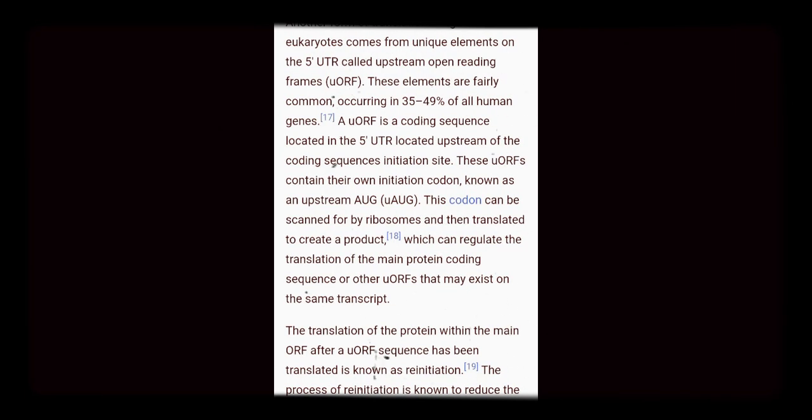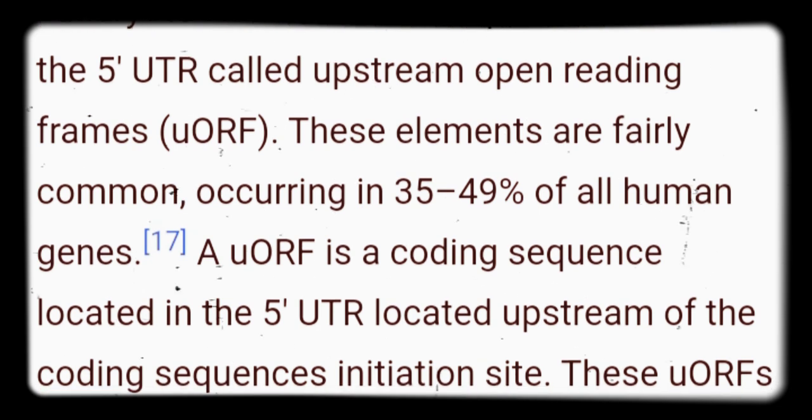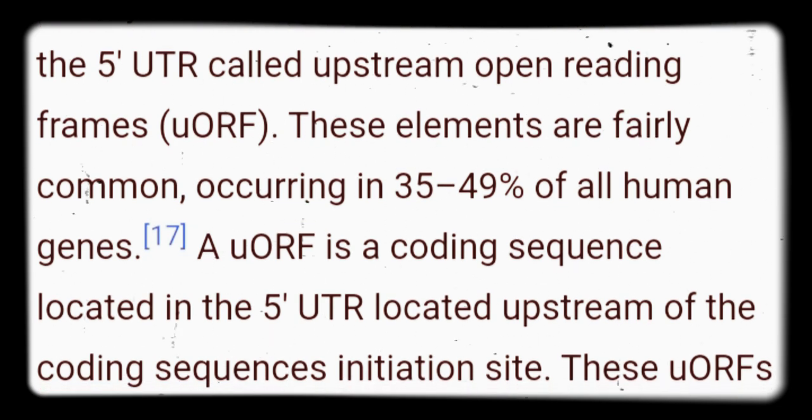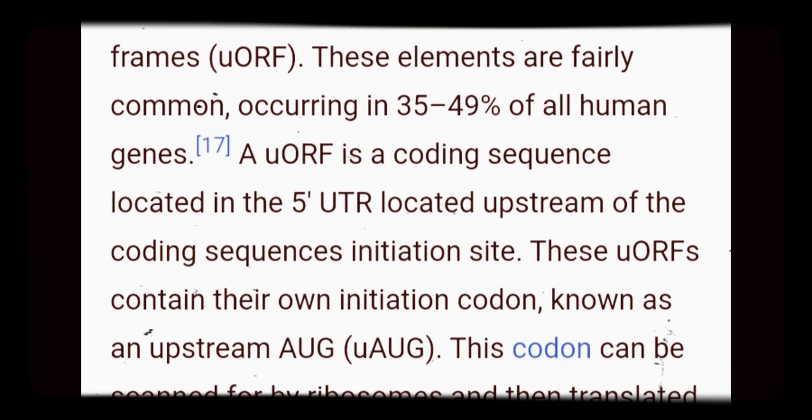Now, another form of translational regulation is the UORF, the upstream open reading frame. They are found in 35 to 49% of all human genes. An upstream open reading frame is located on the 5' UTR, upstream of the coding region initiation site.